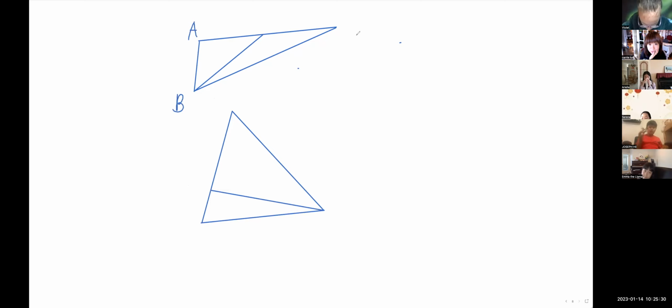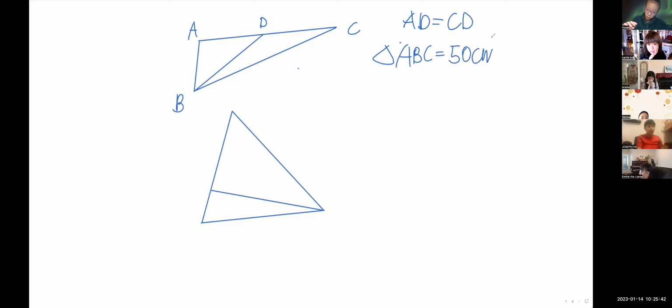So A, B, and C, and D. So AD equals CD. And triangle ABC equals 50 centimeters square. Can you tell me what is the area of ABD? Okay, so next one, ABC and ACD, this one is 1 to 4.